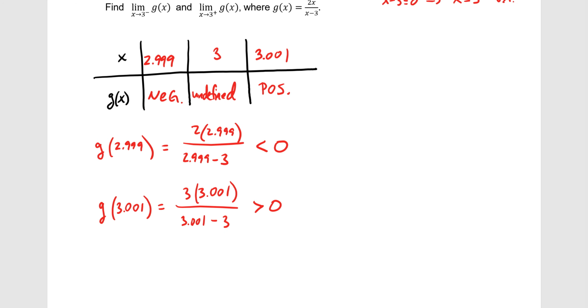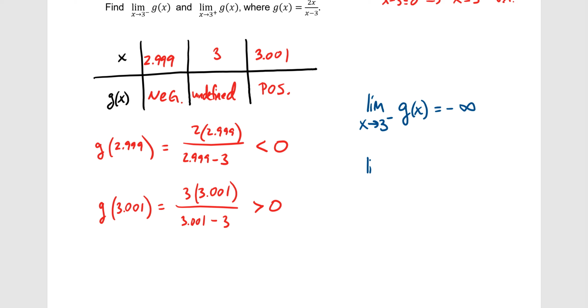Because now we know that the limit as x approaches 3 from the left of g of x is negative infinity because the value directly to its left was negative.